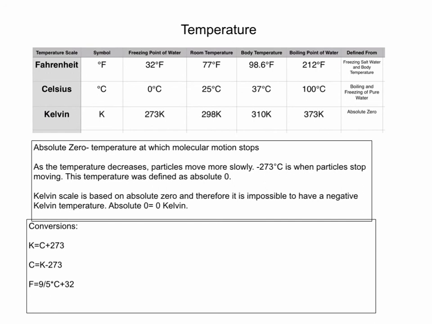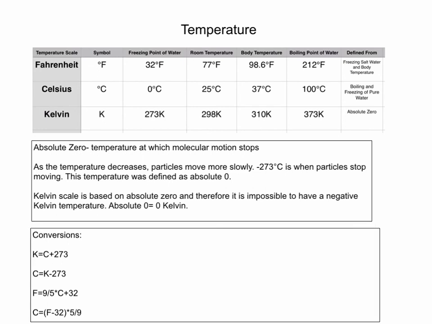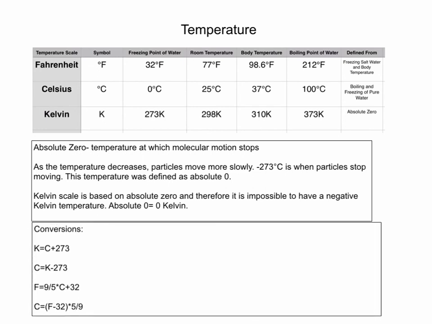And you can reverse that calculation with C equals F minus 32 times 5/9, and that will give you Celsius. So those are the only conversions that you really need for temperature.